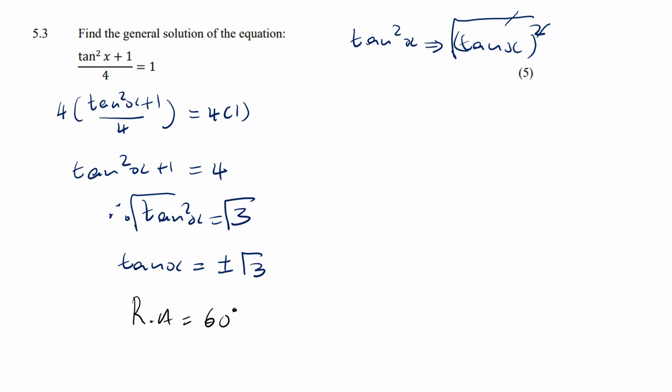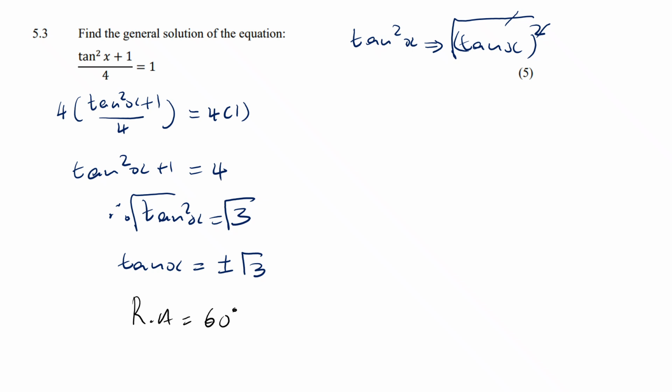So I'm just going to work with quadrant 1 and also quadrant 2. For tan being positive, that's quadrant 1.